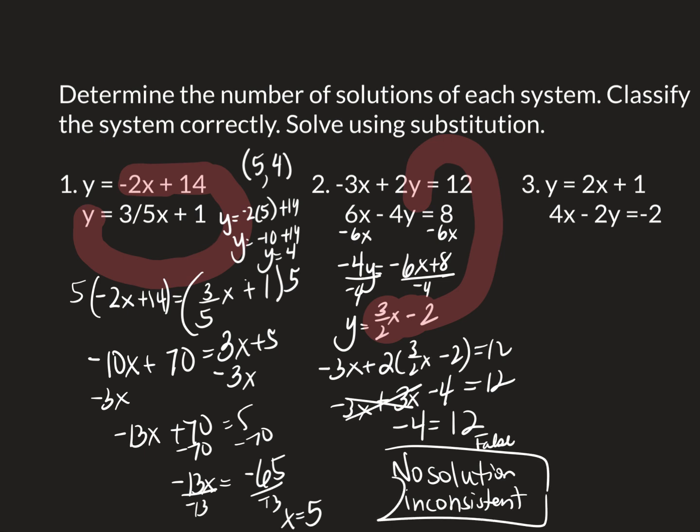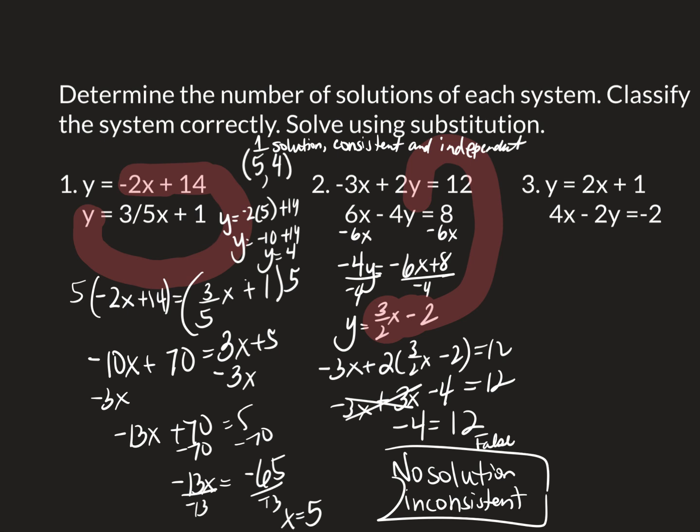For number 1, we have one solution. So there's one solution. And to define that system or classify it, that would be consistent and independent. And that one solution is 5, 4.